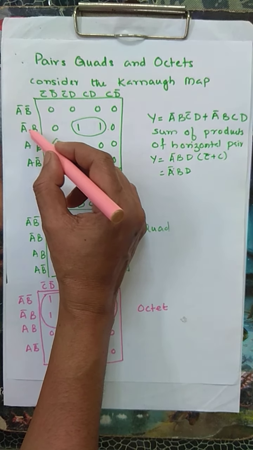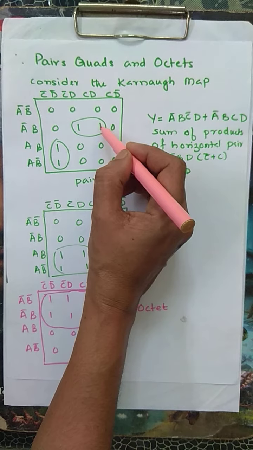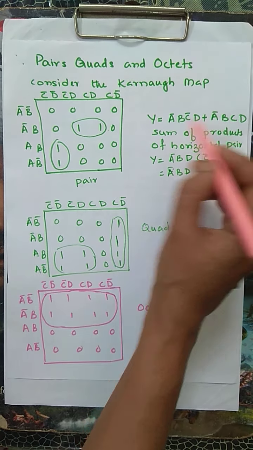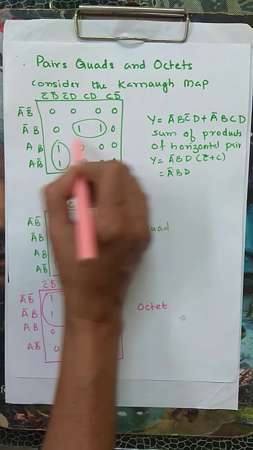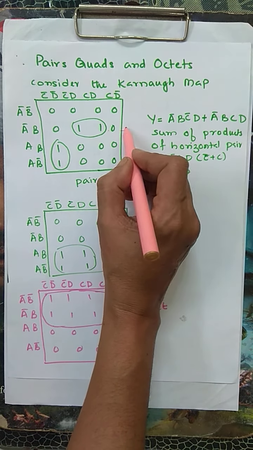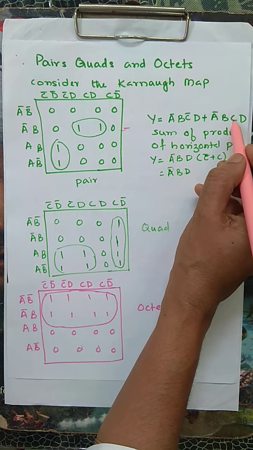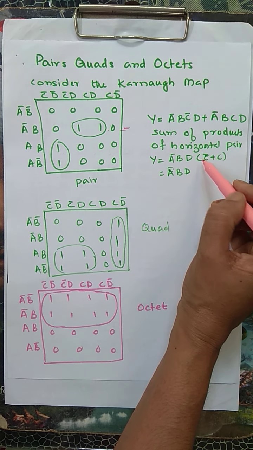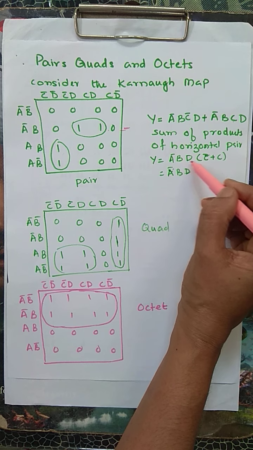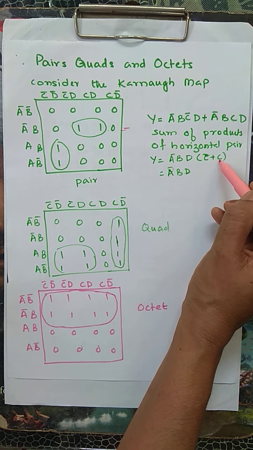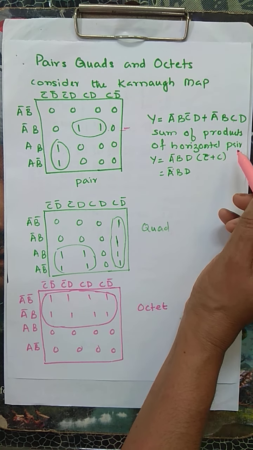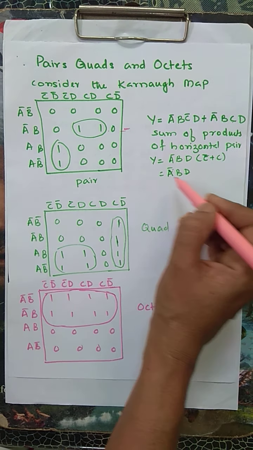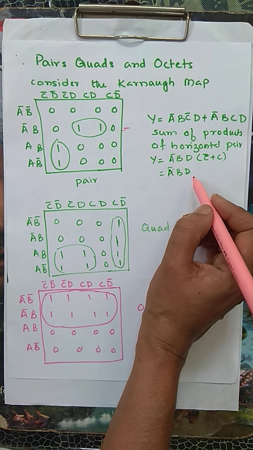This one corresponds to A, B, C complement D plus A, B complement C, D. So this is the output for this horizontal case. I have written down the expression. According to Boolean algebra, when you simplify, you can take the common factors outside. So you get A complement BD into C complement plus C. C complement plus C is 1. So this becomes A complement BD.